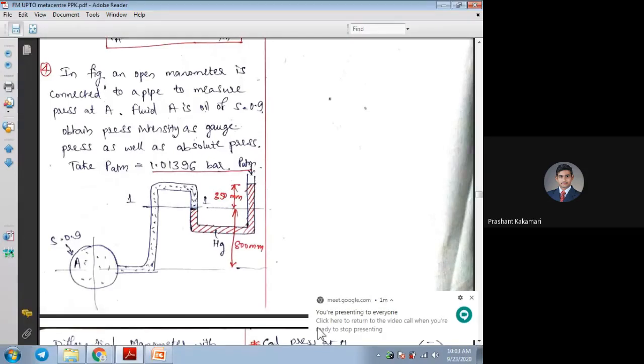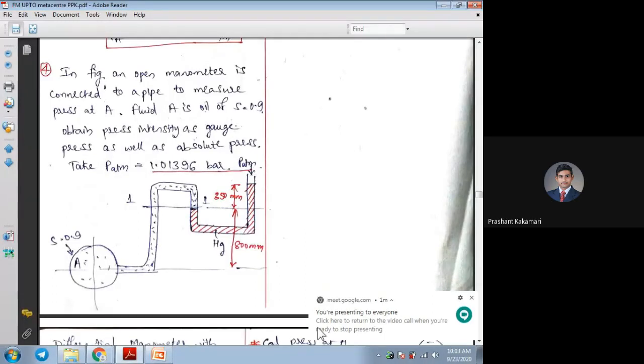So both side heads and pressures are the same. We are not considering the U part of the manometer, because both heads cancel each other on the left and right side. Apart from that, we are left with the head of 800 mm of oil and the mercury head of 350 mm. These are the only two heads acting in the manometer.